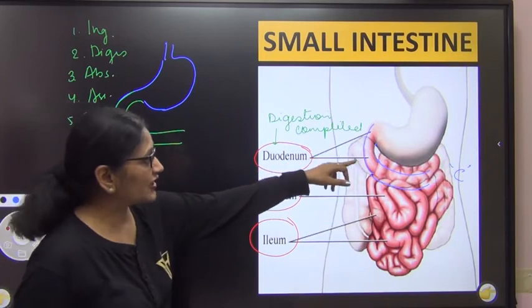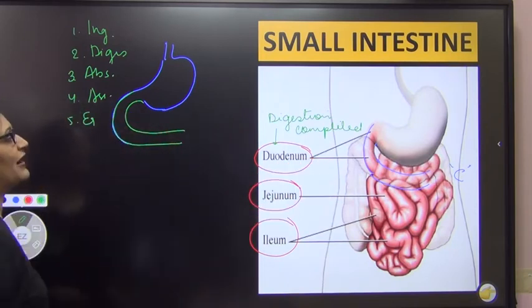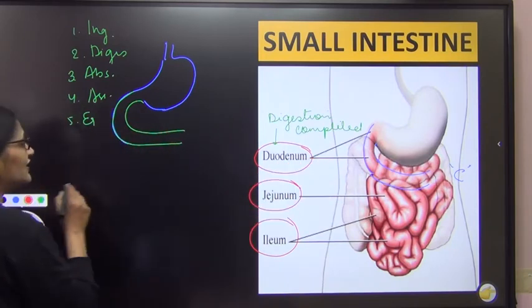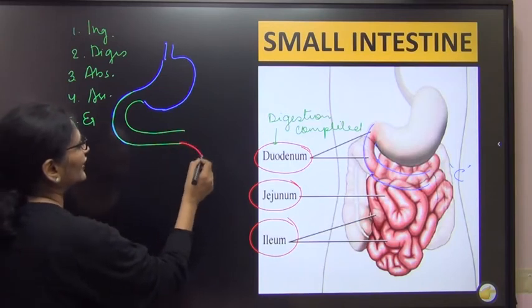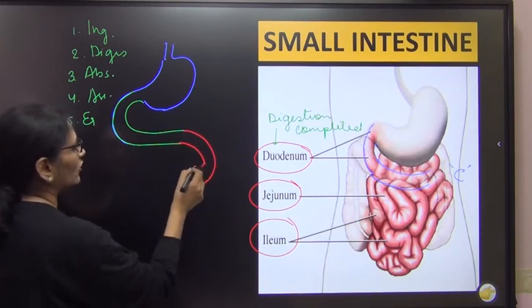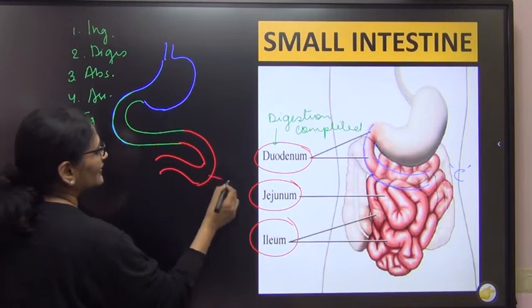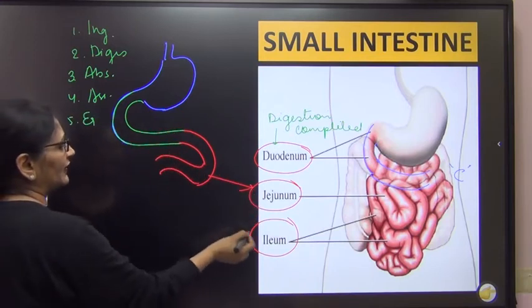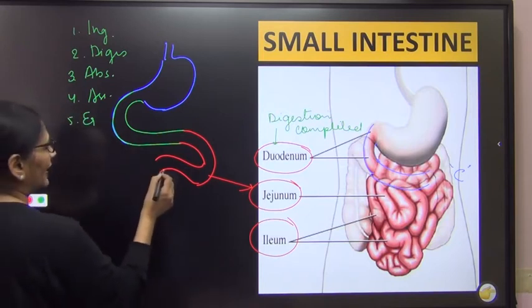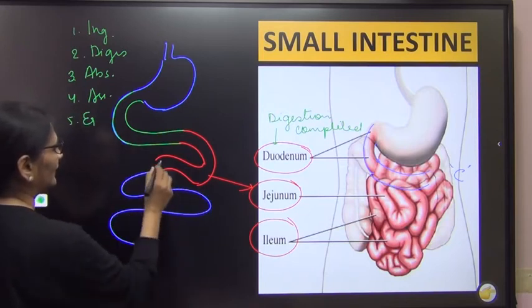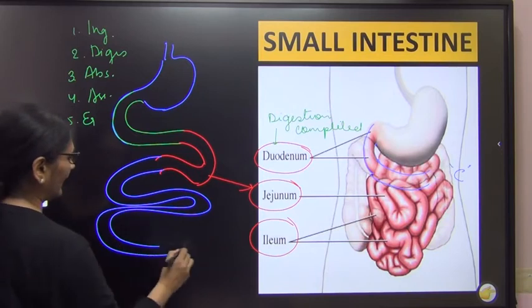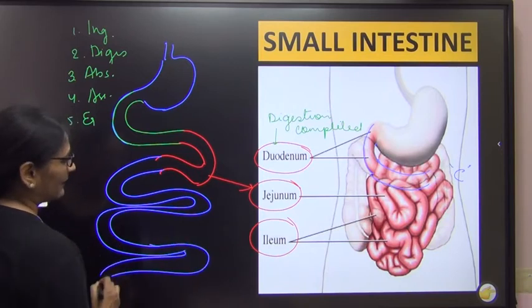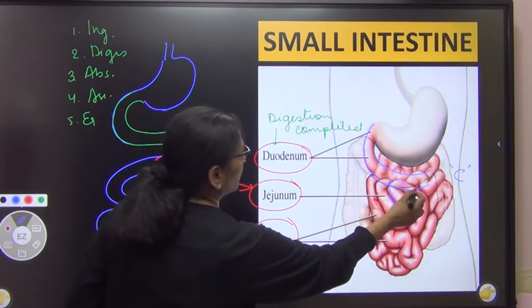So digestion is completed in the part called the duodenum. This duodenum will now extend into a very small next part, and this small part is called the jejunum. Jejunum just connects the duodenum with the ileum, and the next part, which is the maximum coiled, the biggest part, you can see this maximum coiled part.